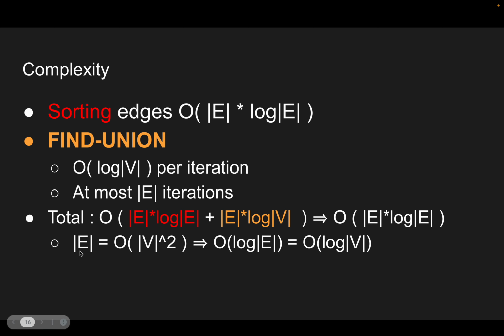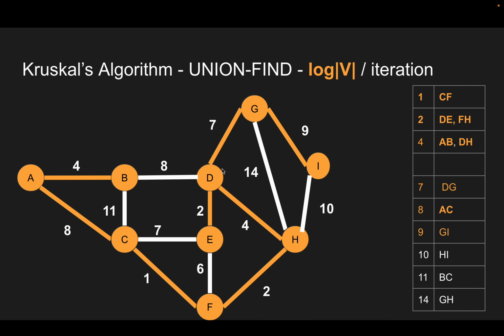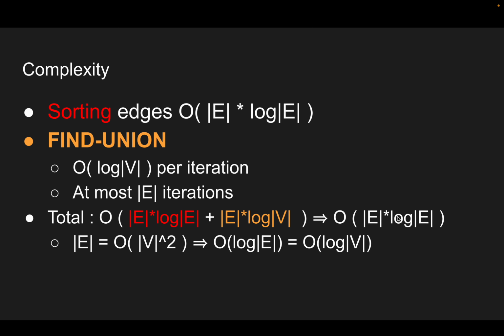So after taking a log, the two are in fact the same under the big O notation. So we can simply write that the time complexity for Kruskal's algorithm is O(E log E).